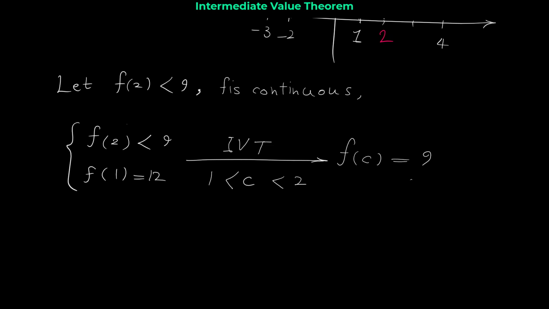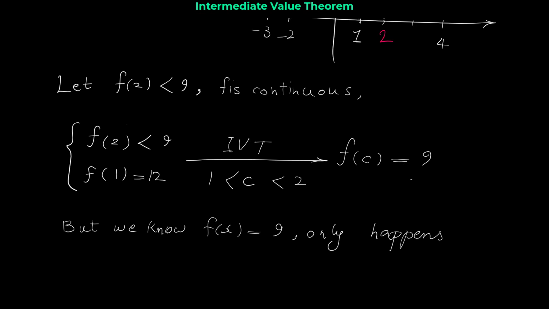So let me write down this here. But we know f of x equals 9 only happens at x equal negative 2 and x equal 3.